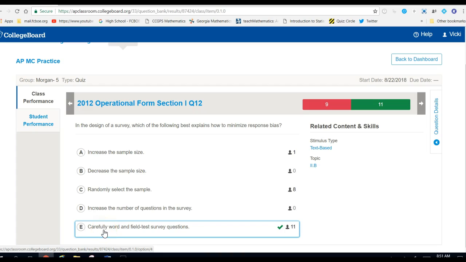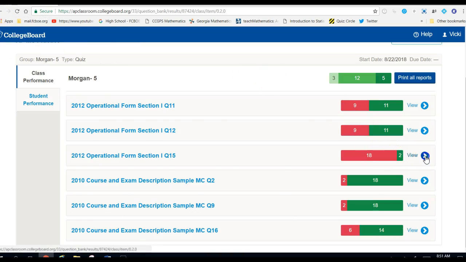But when you read on to E, carefully word and field test survey questions, this is the best choice because it directly relates to what causes a response bias. If your questions are not worded appropriately, or if for some reason they're not tested and you don't make sure that people are going to respond truthfully, then that would lead to response bias. Alrighty, moving on. This is the biggie.